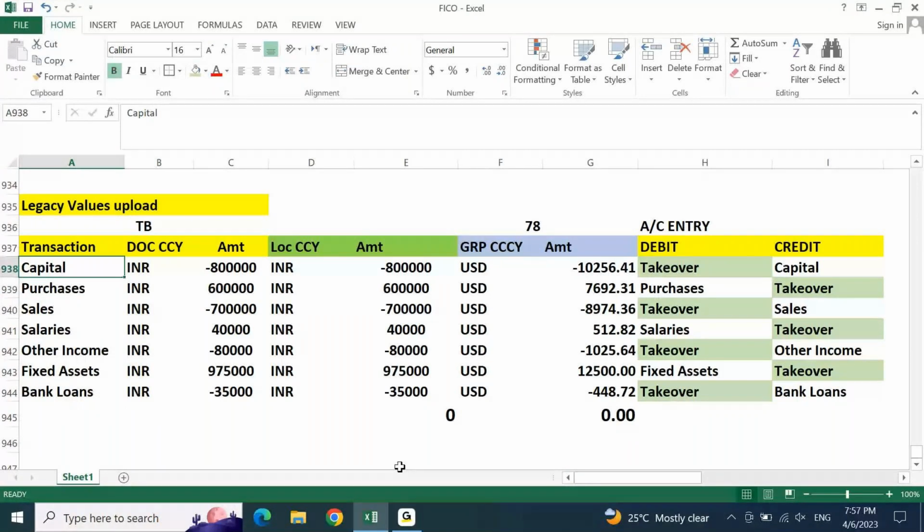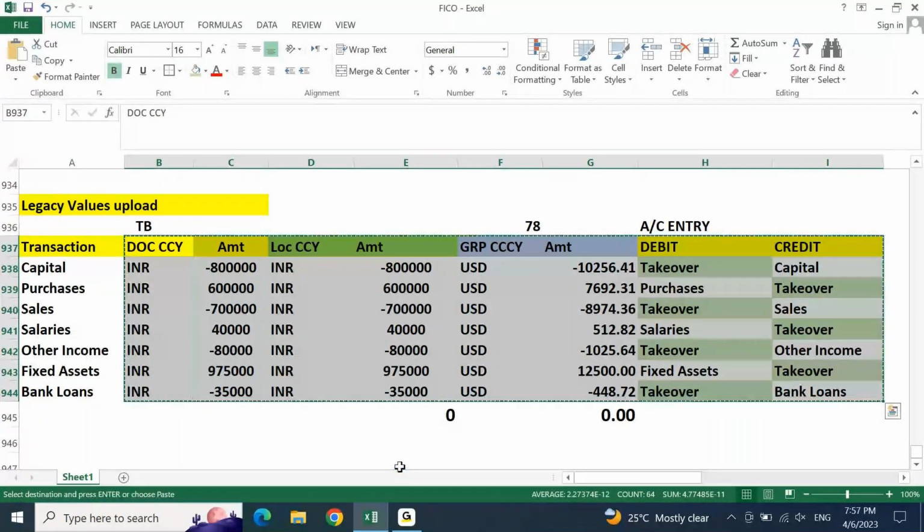Capital account. Is capital a balance sheet account or a P&L account? The first point that you have to see is balance sheet or P&L. Let's say I have identified the first one, capital, as balance sheet. Okay. Second one is purchases. P&L account. Now I'll add one more column here.